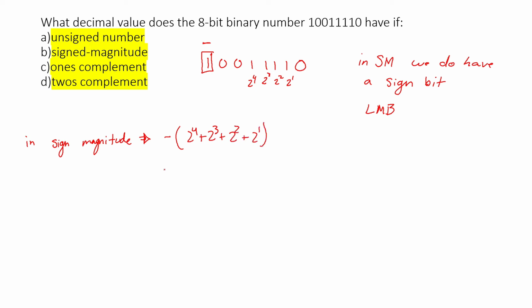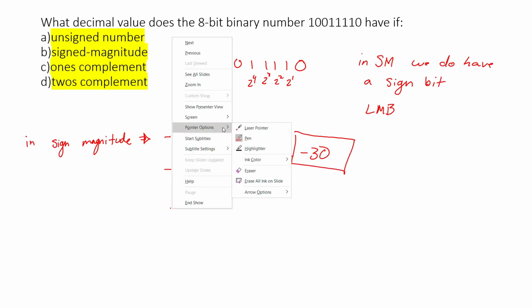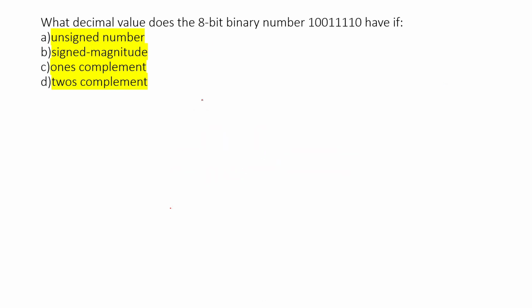So what we're looking at is negative 16 plus 8 plus 4 plus 2, which is negative 30. Alright. Move on to the next one. So for the first one, it was 158. For this one, it's negative 30.